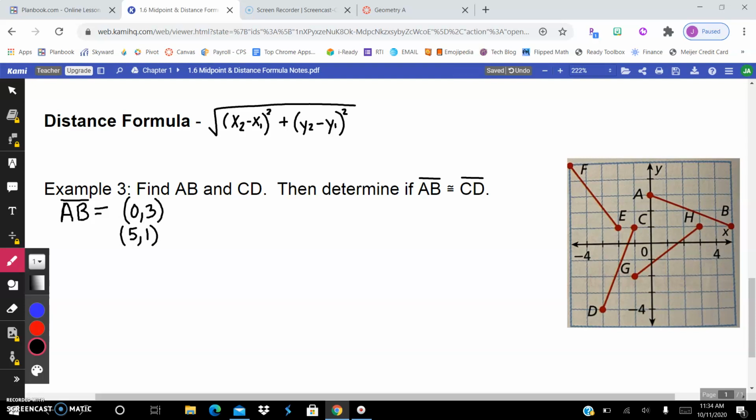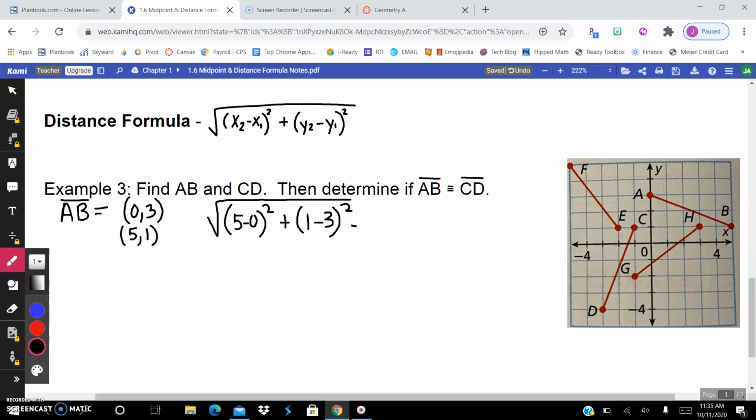And then we're going to plug that information into the distance formula, which is the square root of x for my second point. So the second point I wrote was that 5, 1, and x out of there is 5, minus x for my first point would be 0, squared, plus y for my second point would be 1 minus y from my first point would be 3, and square that.